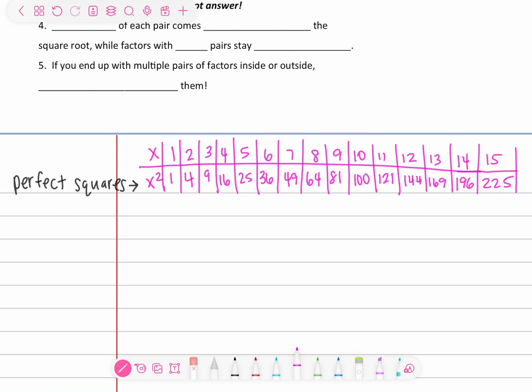So for example, if I took the square root of 81, I would get the square root of 9 times 9, and since it's a number multiplied by itself, I would get just a 9 there. Okay, so that's how that table works. So if you could pause the video and fill that table in. All right, and let's continue on.